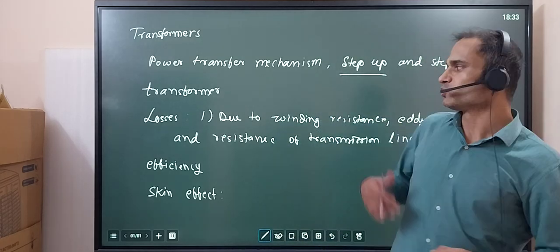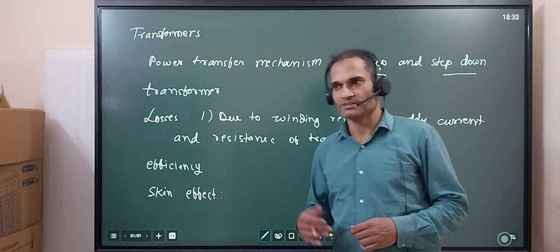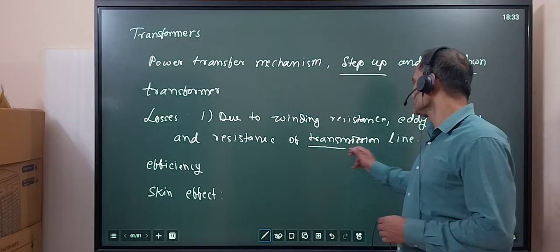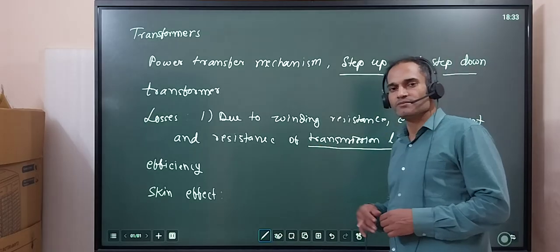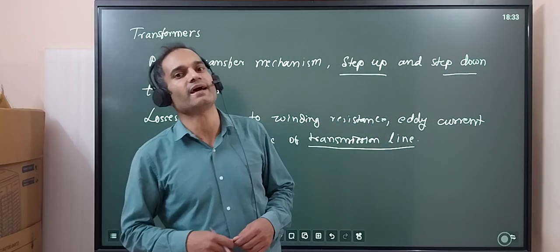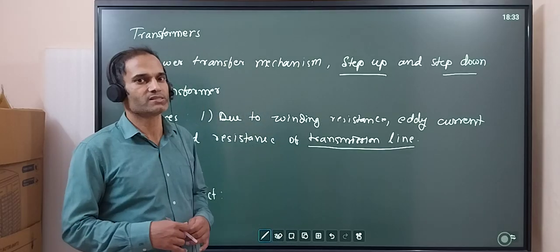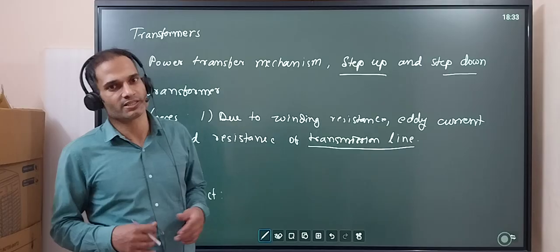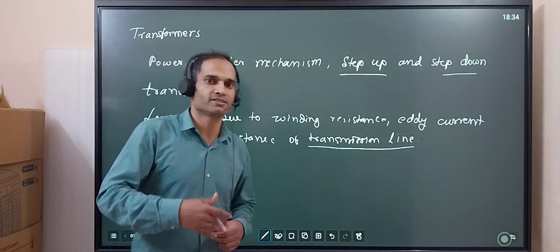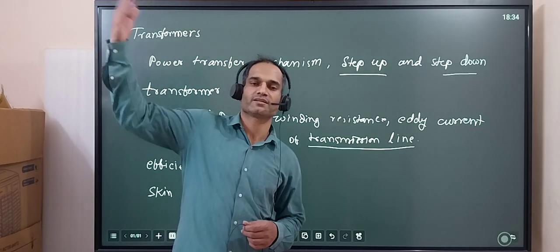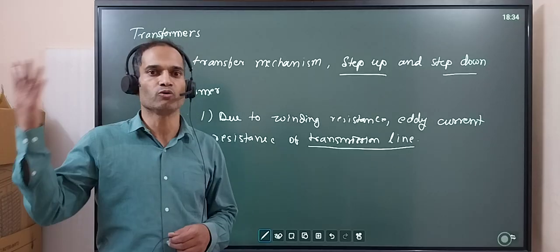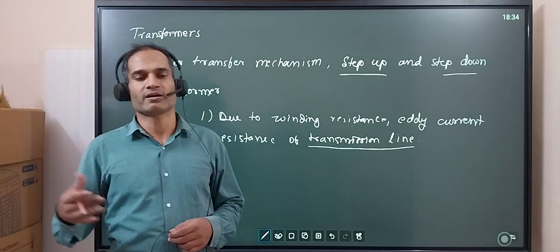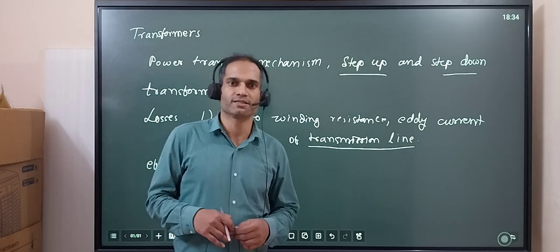And why do we need all these changes? Because of transmission, there is a big loss in transmission lines. We generate AC power at a power generating station, and this is to be sent to homes, and houses are generally very far away from the generating stations.